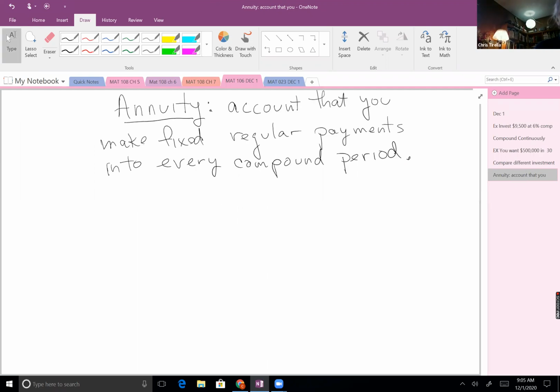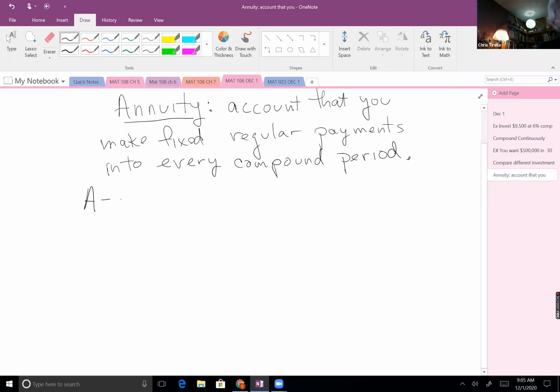When we look at this idea of an annuity, we're going to say that A, just like before, is that future value. This time, P is going to be each fixed payment.